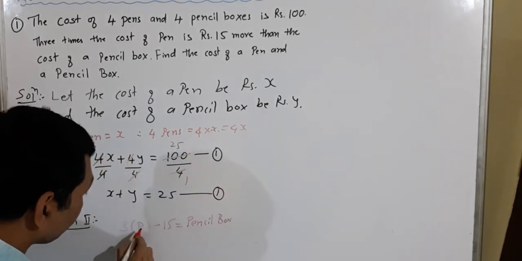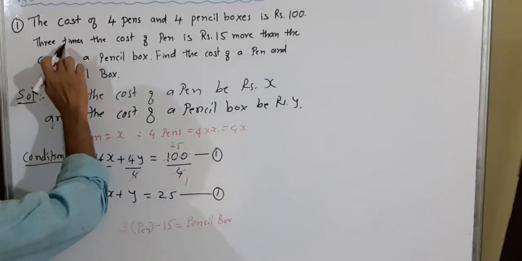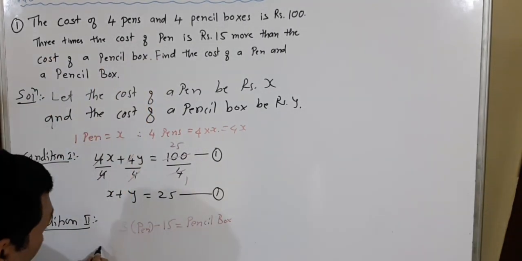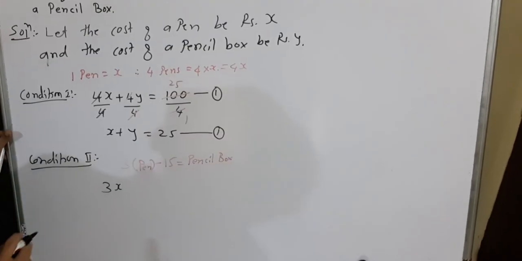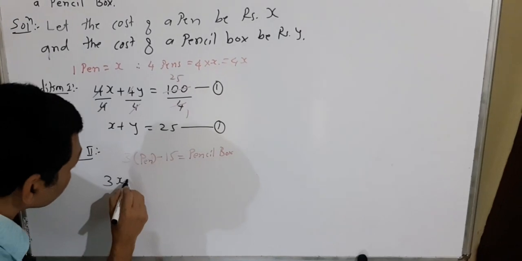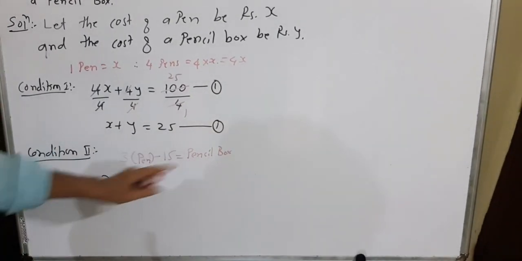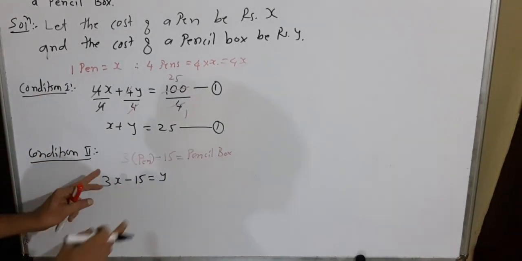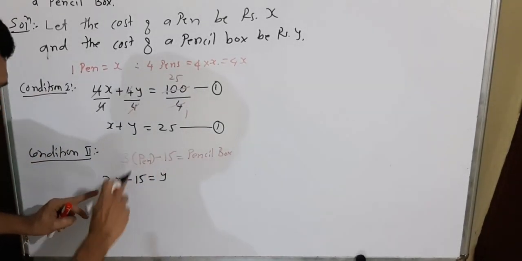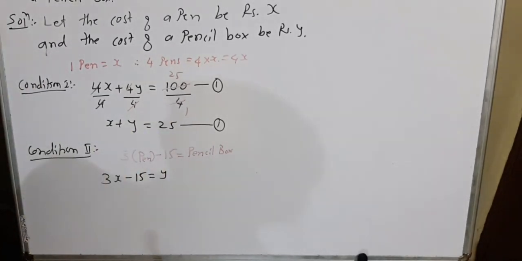So 3 times the cost of pen is 3 times X. It is more, so to make it less, minus 15 is equal to the cost of pencil box. The cost of pencil box is Y. We can write it in standard form, taking Y to this side and the 15 to the other side, so it becomes equation 2.